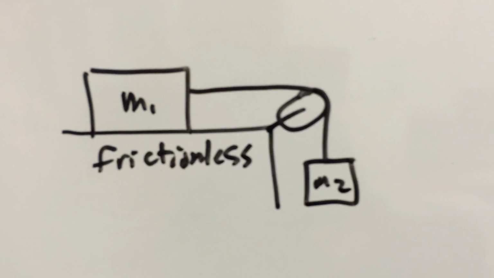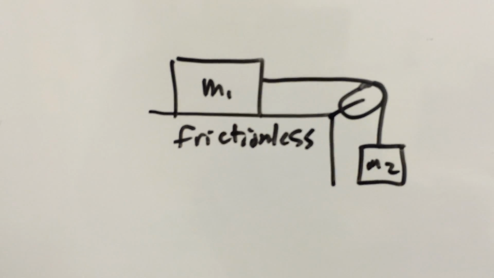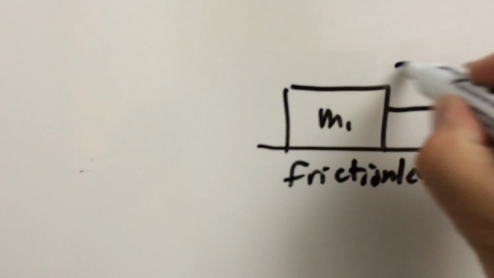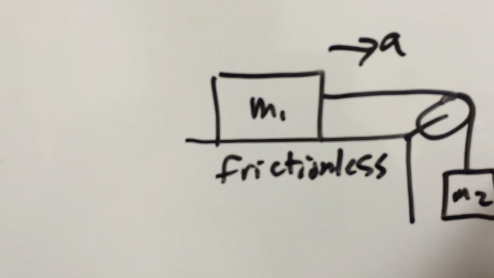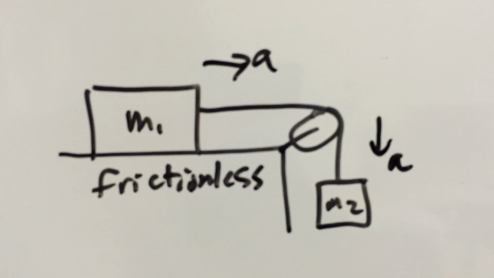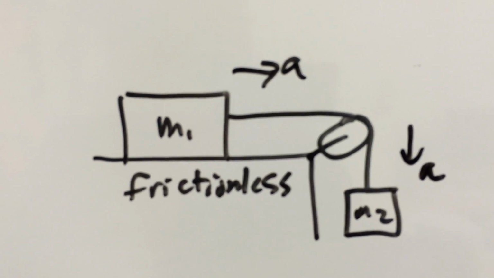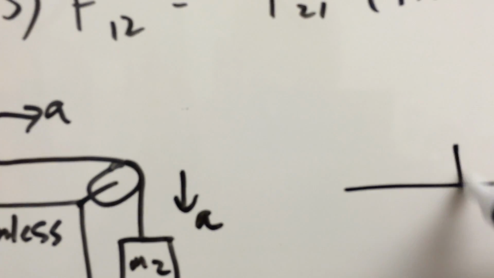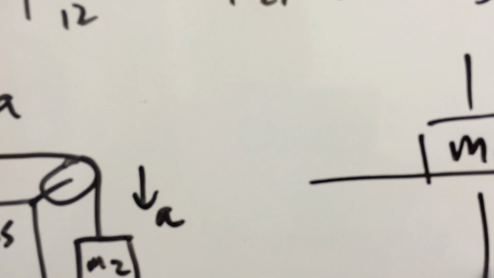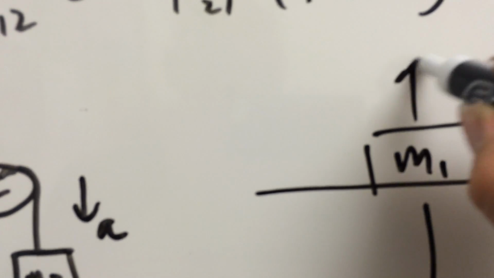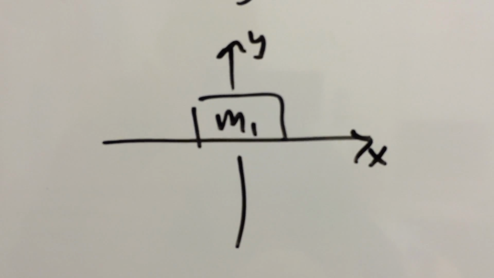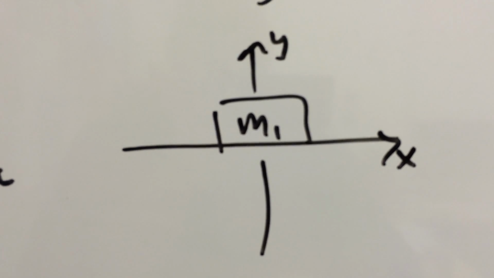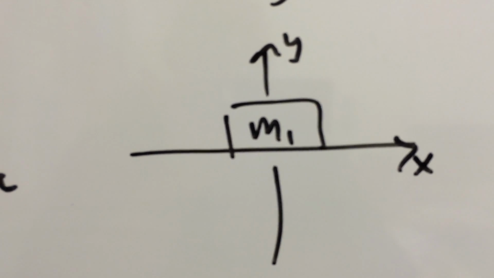Now, intuition indicates that this thing will accelerate. In this case here, it'll move this way, and m2 will move downwards. So we draw a free body diagram for these things. Let's start with m1. We take a look at the forces on this thing.